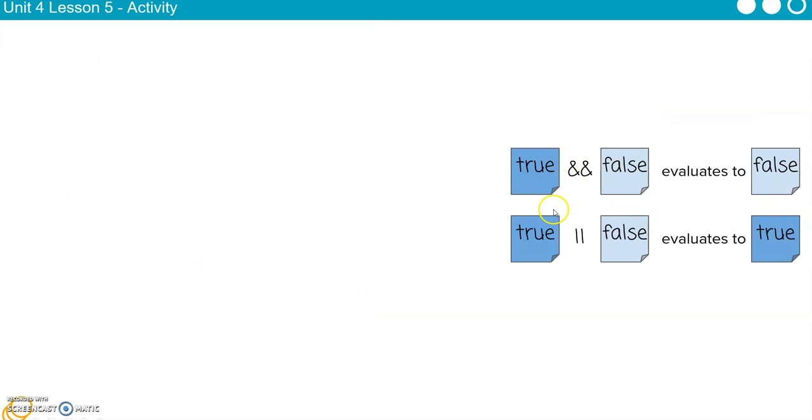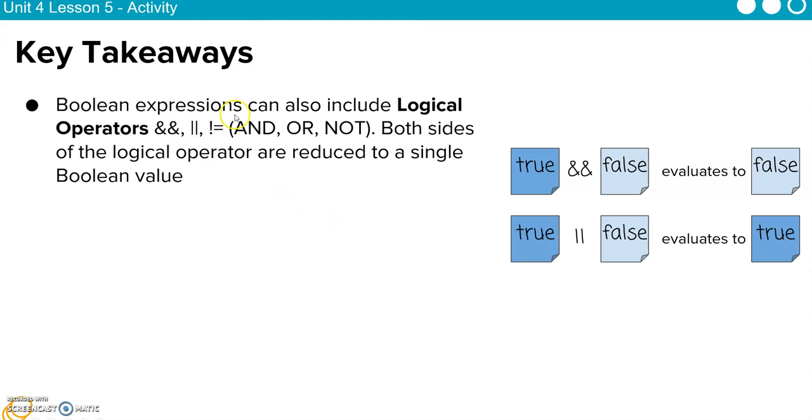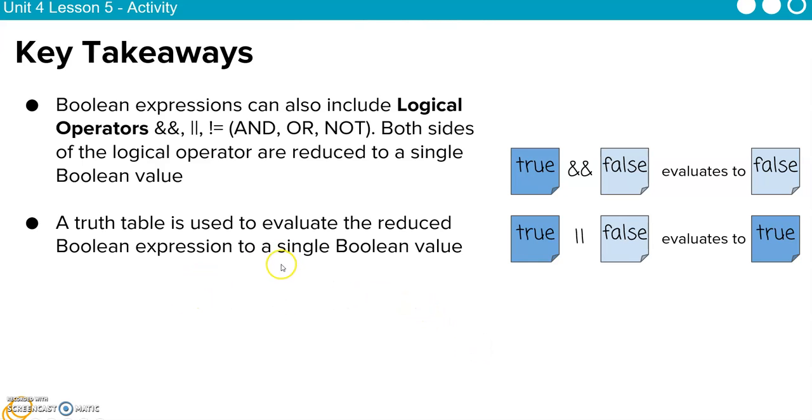We also talked about the and and the or. Boolean expressions can also include these logical operators, and, or, and not. Both sides of the logical operator are reduced to a single value, and then it is reduced to a single Boolean value itself.